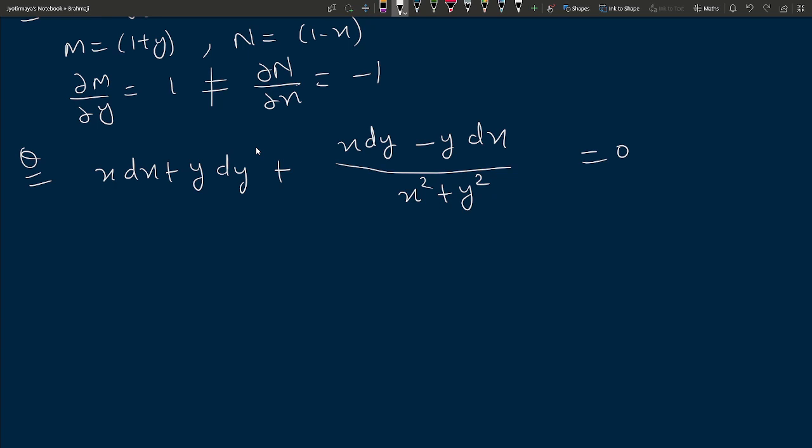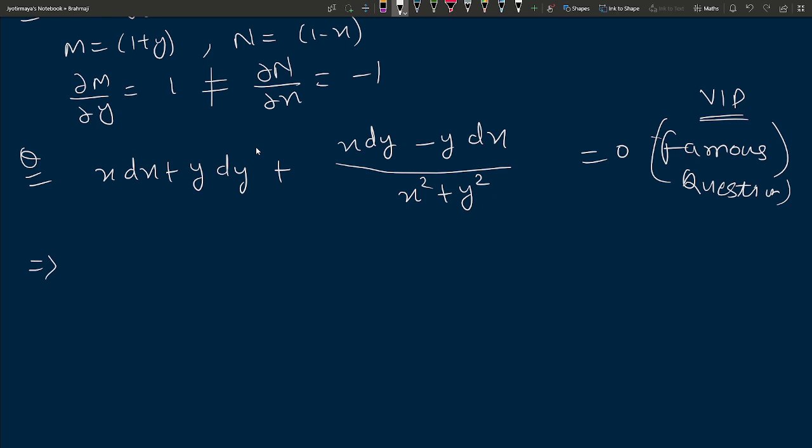You can also solve it by the traditional formula: you find M, you find N, then find ∂M/∂y and ∂N/∂x. But this is a standard question, very famous, I can write it as VIP. In every book on higher mathematics and differential equations you buy, you will find this question. So now it can be solved very easily.